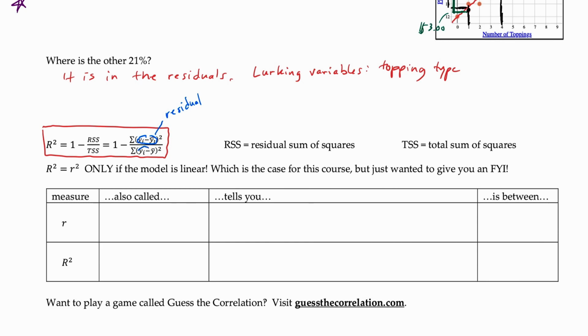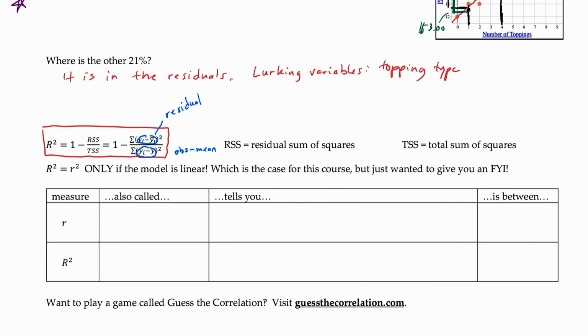On the bottom, what you're seeing is more like the numerator of a z-score. It's a centering back to zero: an observation minus the mean of all your y values.